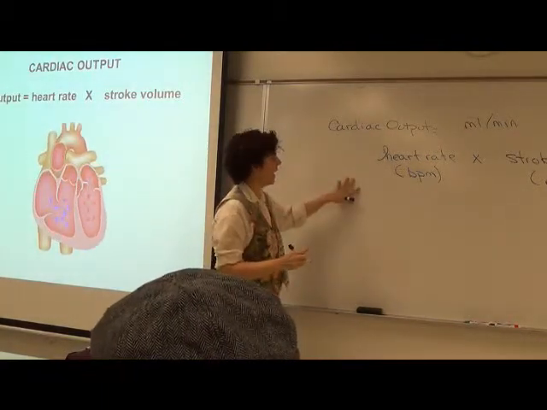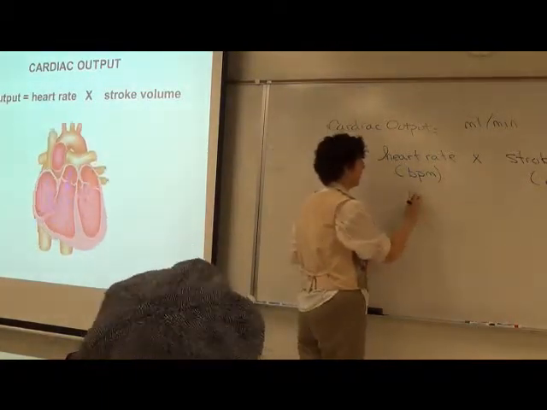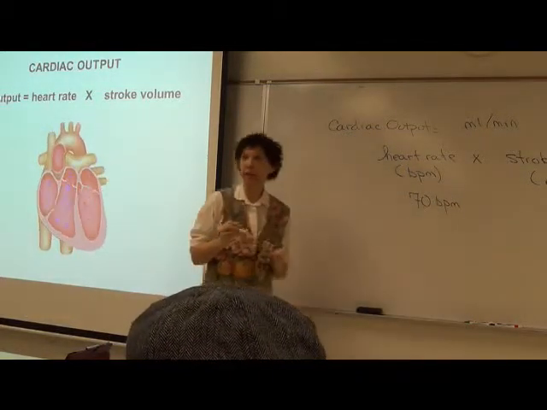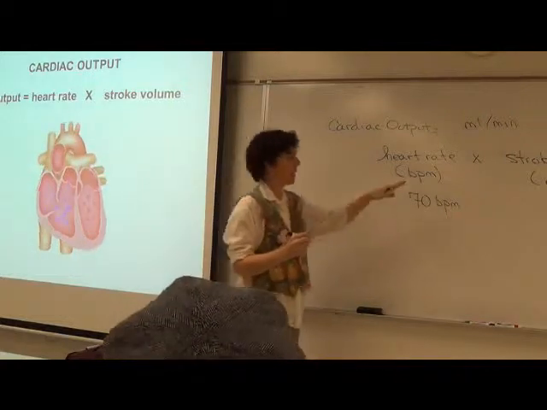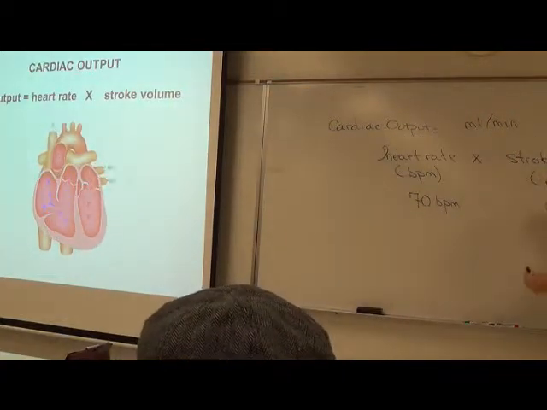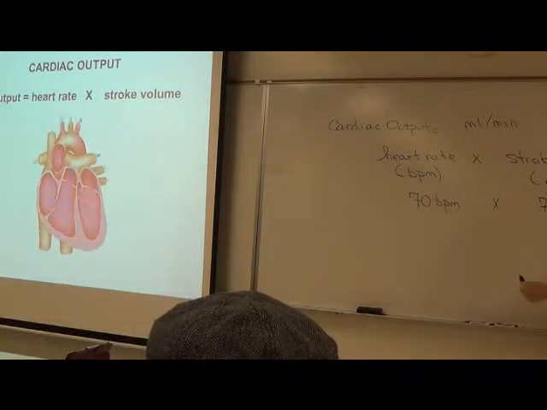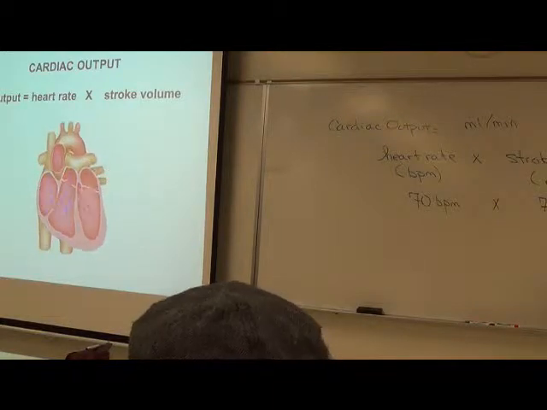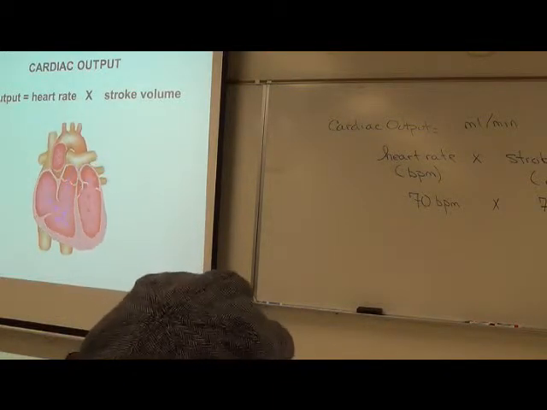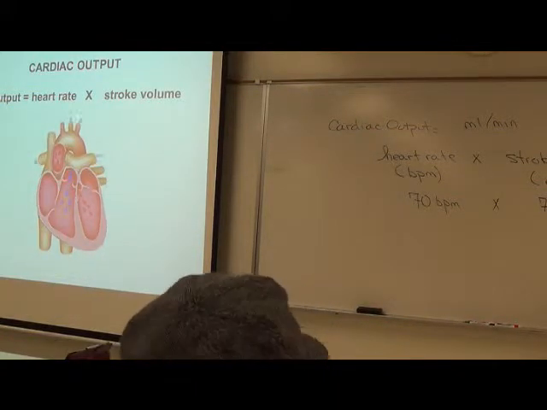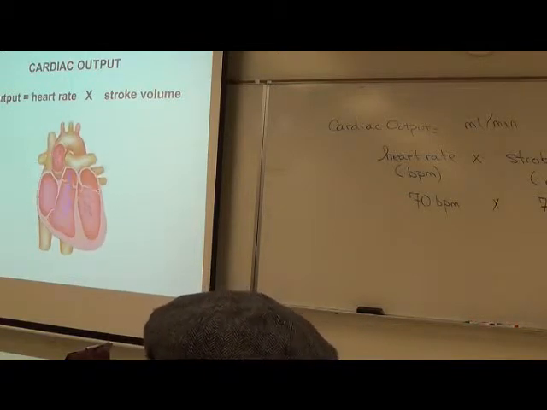So if the average heart rate is about 70 beats per minute, or 70 ventricular contractions, and with each contraction, I said our average was about 70 mils, then that's going to come out to about 4,900 mils per minute. Or if we round it up, about 5 liters per minute.